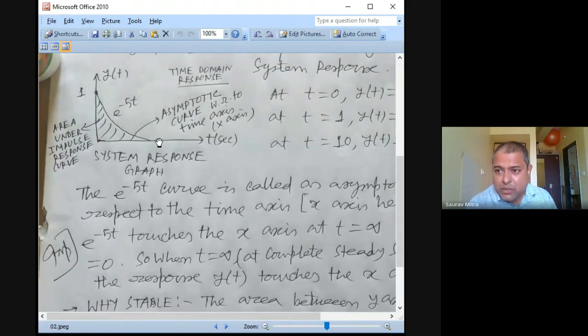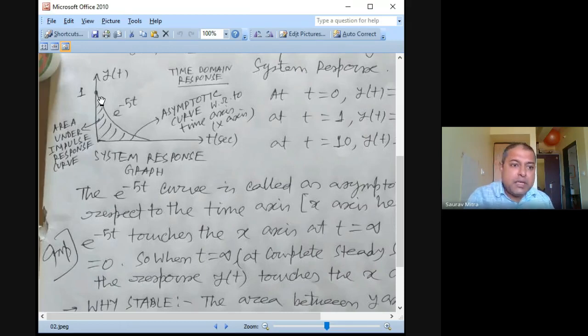Why? This is the question. How do you get e raised to minus 5t? Because you are finding 1 by s plus 5 as the transfer function. So e raised to minus 5t is the impulse response of a system, or 1 by s plus 5 is the transfer function of a system. So if e raised to minus 5t is the response of a system, this is a stable response, and the system is a stable system.